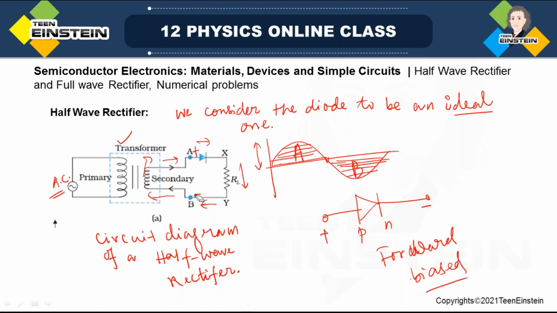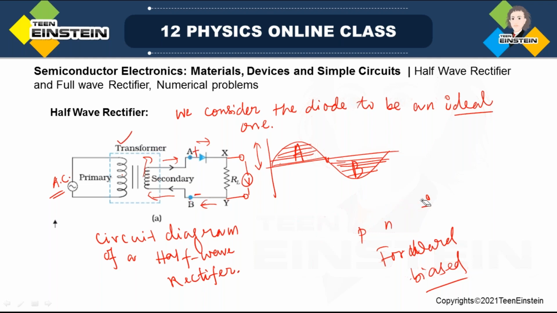In the first half cycle, A is positive, B is negative, then we get some current. And if we want to calculate voltage, what is the voltage across RL? In fact, that is the voltage we want. We have given input voltage, we are getting output voltage across RL, the load resistor. So we can use a voltmeter and get the voltage from here.